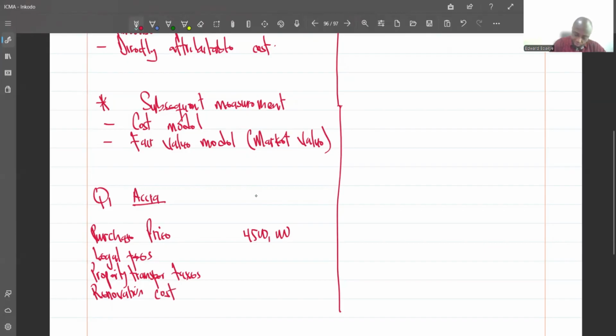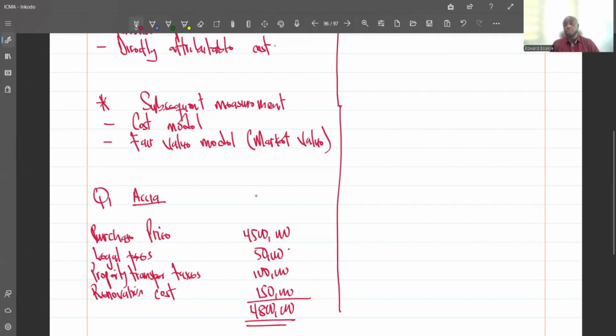So renovation cost is 150,000. This is 100,000, and then we have 50,000. So basically, this total will be the cost. So 4.5 plus 50,000 plus 100,000 plus our 150,000. That gives us 4.8. So this is the cost of the asset.